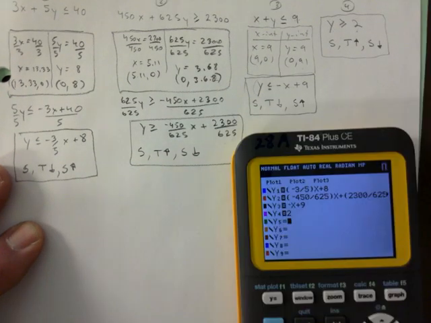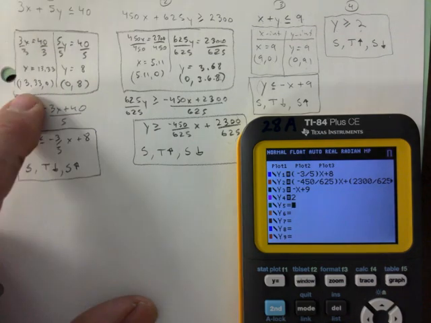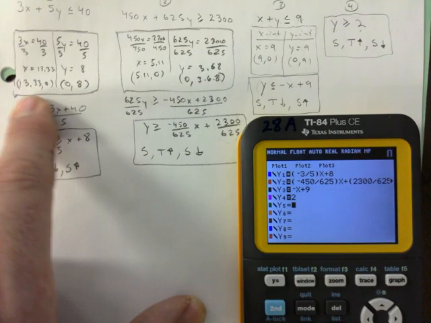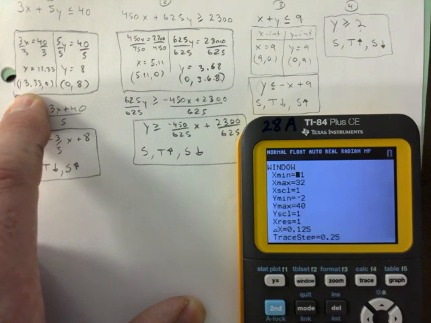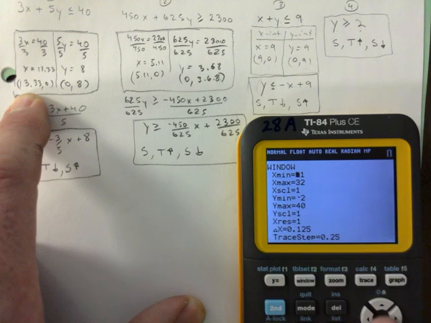I'm looking at all my x-intercepts here, and the greatest one is 13. So if I go to my window, I don't care so much about the negative x values, but for the max I'm going to go to 20 or 15 or something like that. And the y-intercepts, there's 8, 9, right?